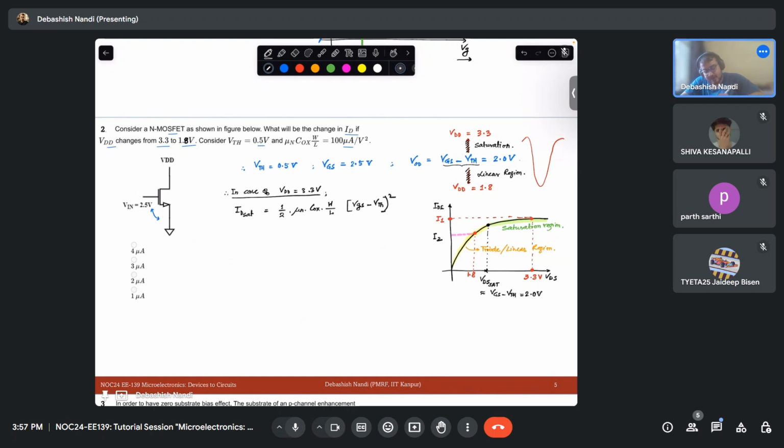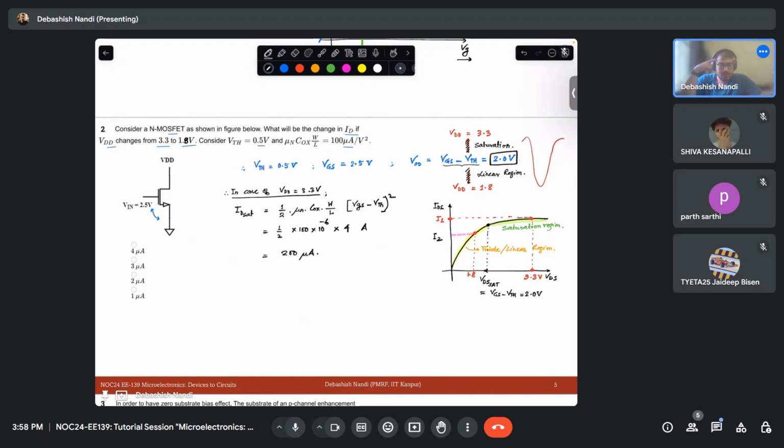This half mu n C ox W over L is 100 microampere per volt square, so 100 into 10 raised to minus 6, and VGS minus VTH is a fixed value, 2 volt, so squared that is 4. So it will be 200 microampere.